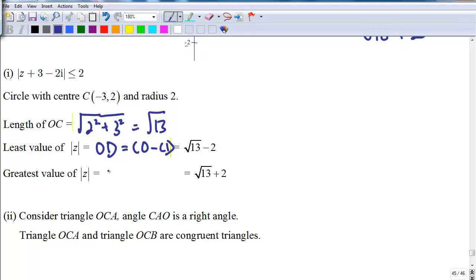Then greatest value of mod z is the same as OE, which is the same as ED plus OD. So you have square root 13 plus 2. Okay?